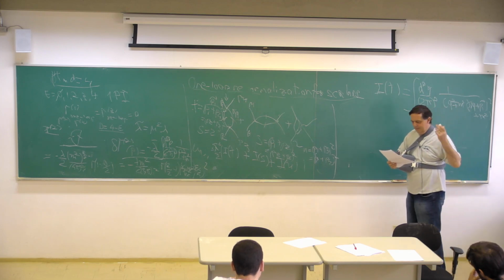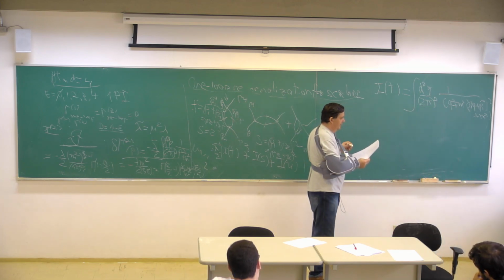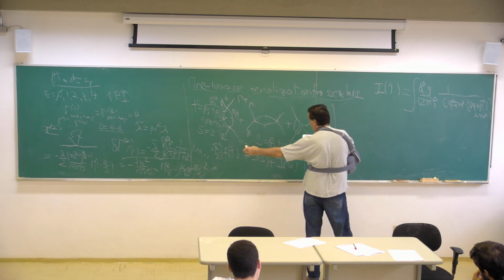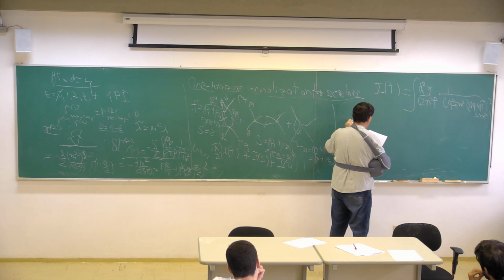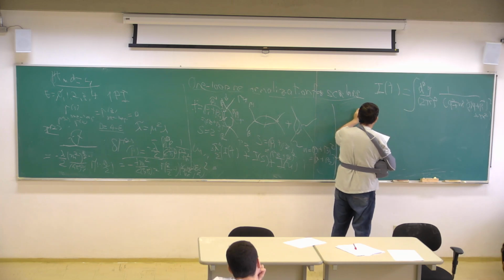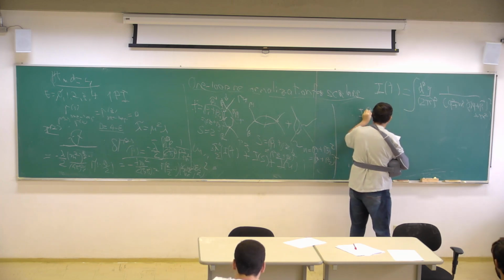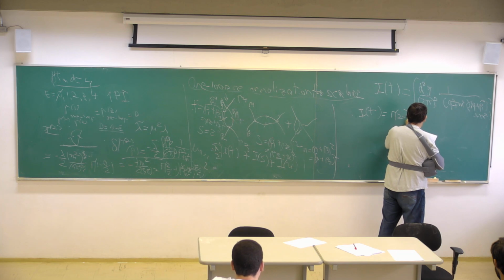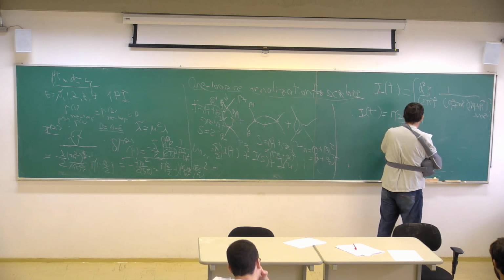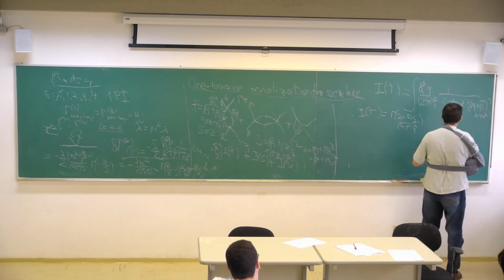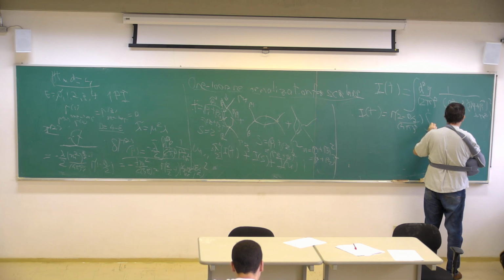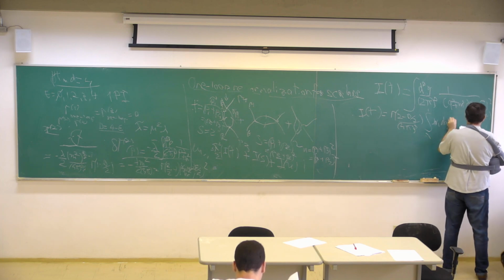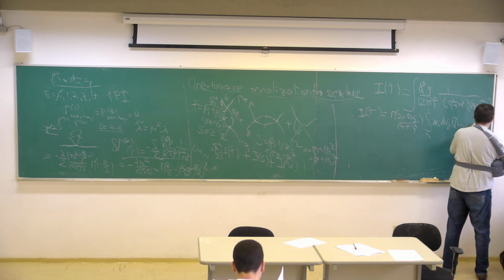So let's copy the formula from last time: I of t is equal to gamma of 2 minus d over 2, over (4 pi) to the d over 2, integral from 0 to 1 d alpha 1 d alpha 2, delta of 1 minus alpha 1 minus alpha 2.